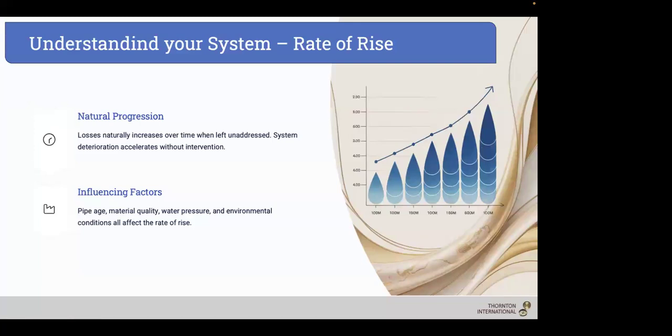The influencing factors include pipe age, though I'm quoting these and not limiting to them, okay? Piping age, material quality, water pressure, environmental conditions. So it's really important to understand that I need to address my water losses and I need to combat my losses in the system. And if I'm not doing that, it will be bigger and bigger each year.